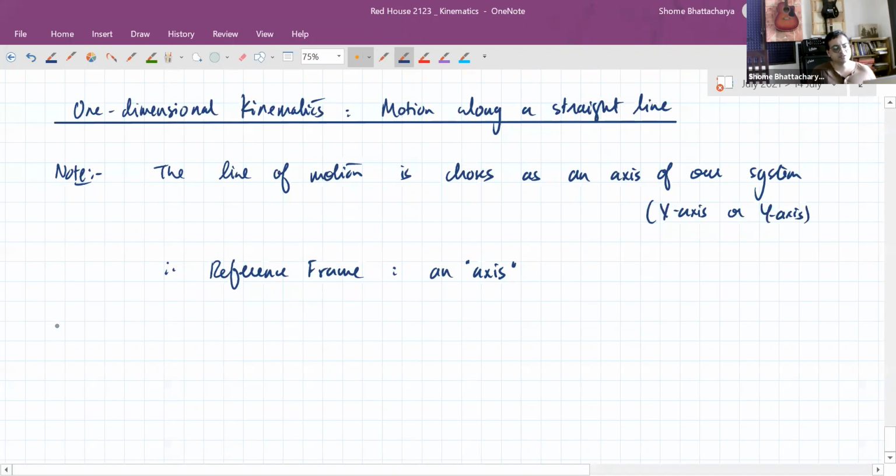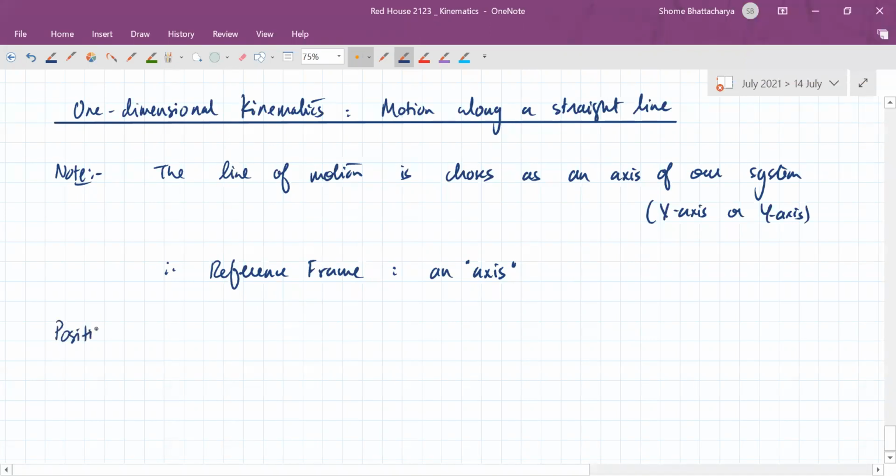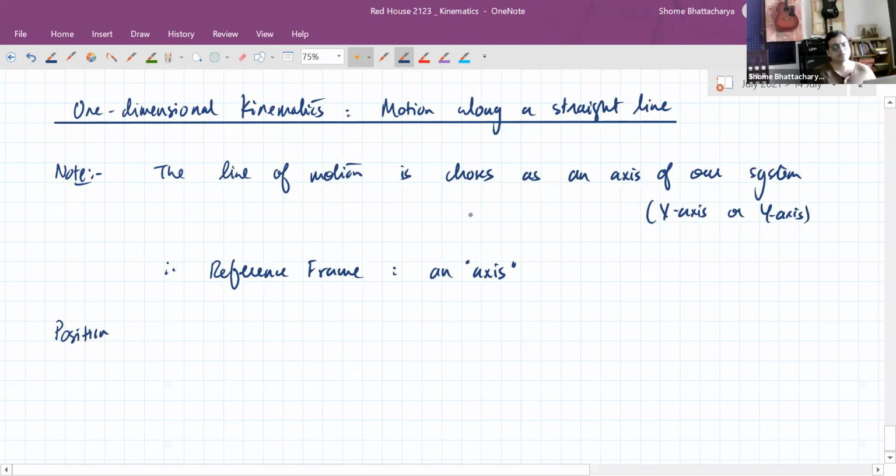The line of motion is chosen as an axis of our coordinate system, x-axis or y-axis. So this is clear now. Position will just be given by a coordinate now instead of a vector.